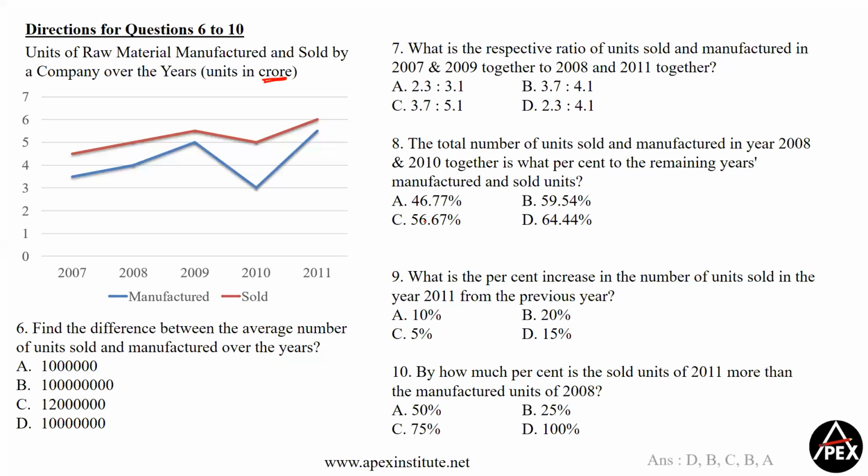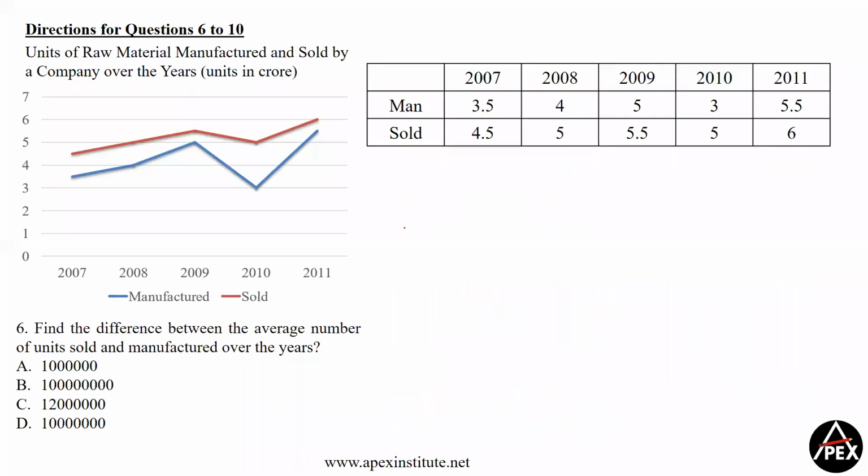So the first thing I will be doing is I will make a table like this. Okay, because it's not required to look at the graph every time. So I will be making a table like this, where this represents the number of units manufactured and we have the number of units sold. Now, how many of you took more time to answer the sixth question?